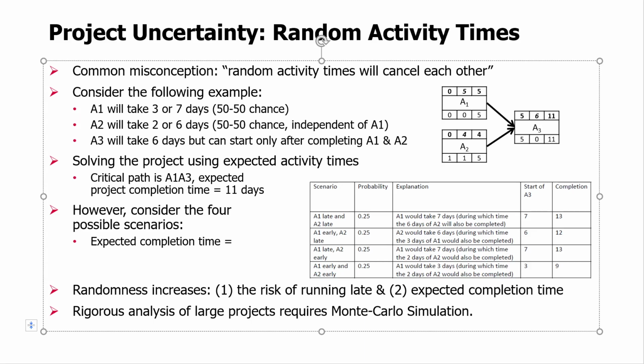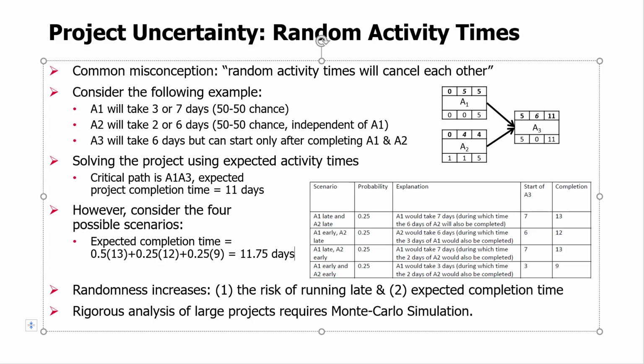So I will put 50% chance times 13, plus 25% chance, it will be 12, right? That's our second scenario, and 25% chance times 9. So this is the calculation of expected project completion time. Now, if you do this calculation, you'll find out it's 11.75 days.